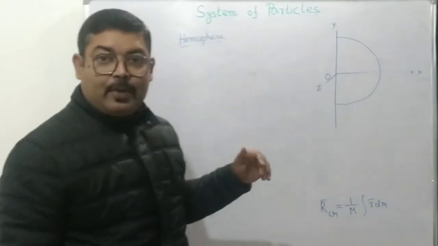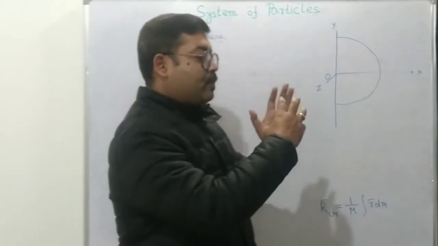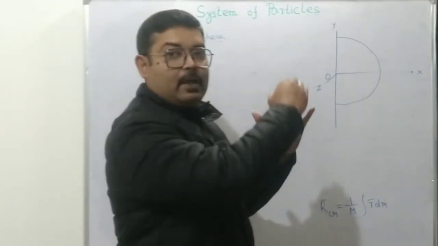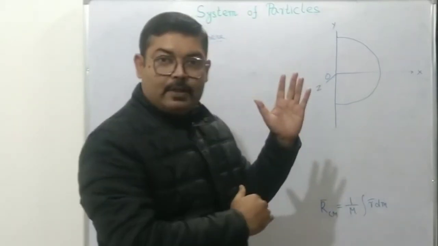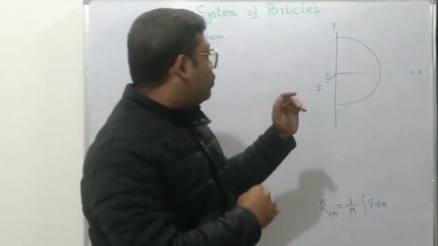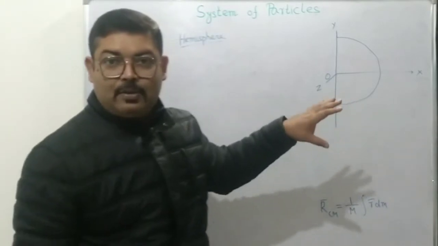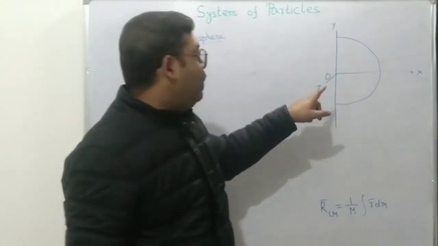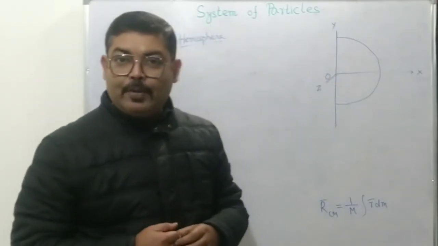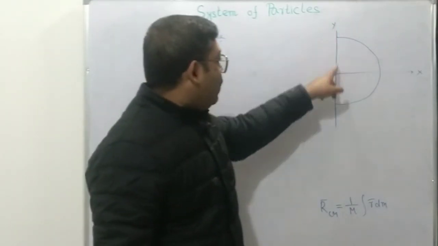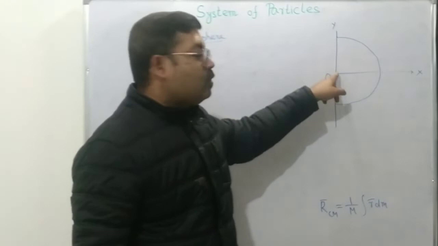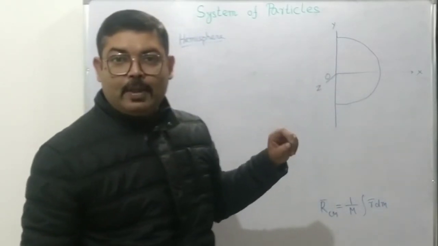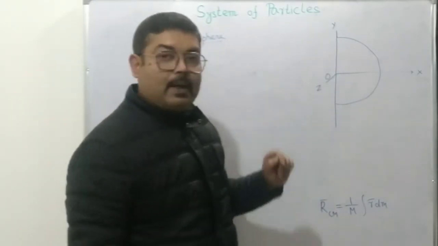Due to the symmetry, for the y-axis, half of the hemisphere is in the positive y direction and half of the hemisphere is in the negative y direction. So the y coordinate of the center of mass, due to the symmetry of the system, will lie at the center. We have chosen the origin as the center of the hemisphere, so the y coordinate of the center of mass will coincide with the origin, which means it will be 0.